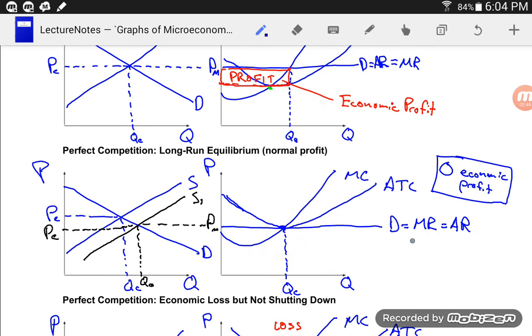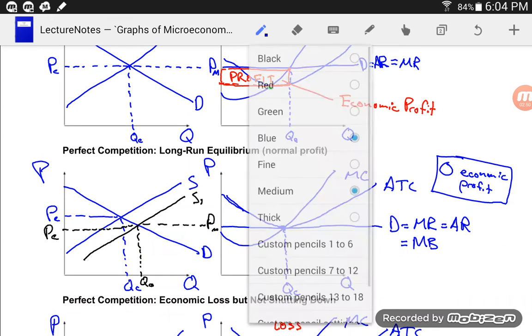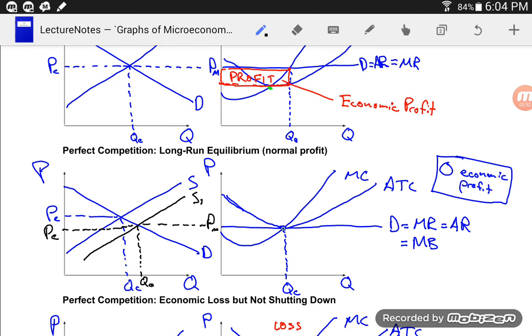We're also producing where marginal benefit equals marginal cost, so we're producing at the productively efficient point, we're producing at the socially efficient point, and we're producing with no economic profit.